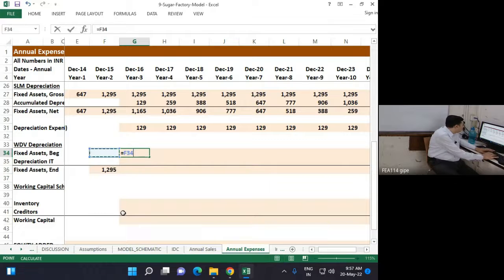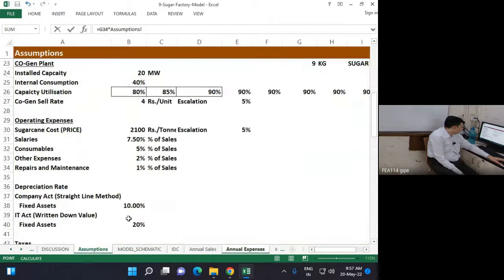So we'll also do it on screen. Opening balance is same as previous closing. Depreciation IT is opening balance times the rate, which is 20%.